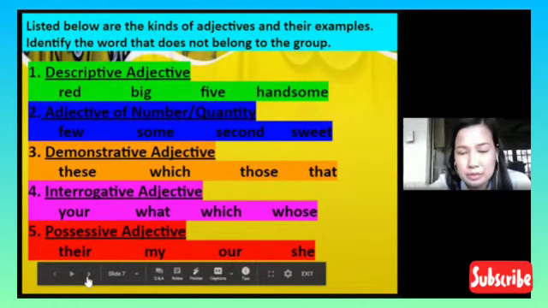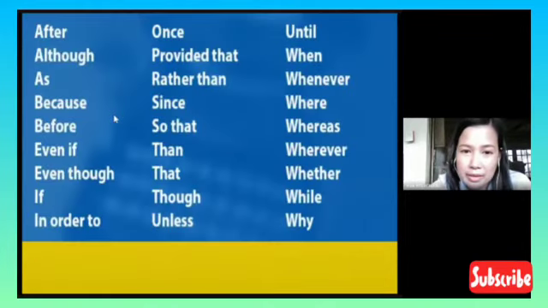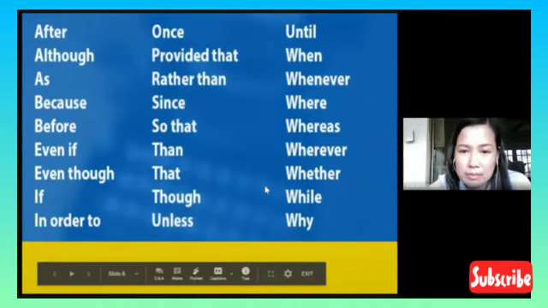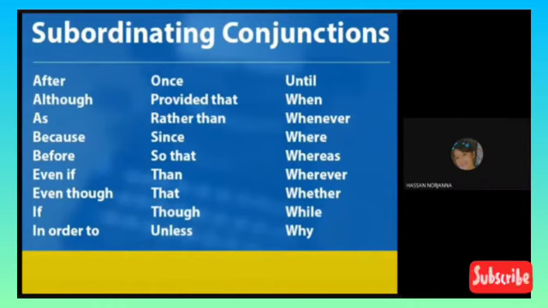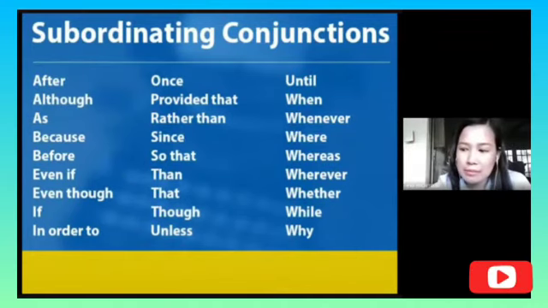Next. So, class, who can tell me what are these words? These words are examples of subordinating conjunctions. Okay, last time, dun sa previous lesson natin about complex sentence, I told you to memorize at least 5 examples of subordinating conjunctions.